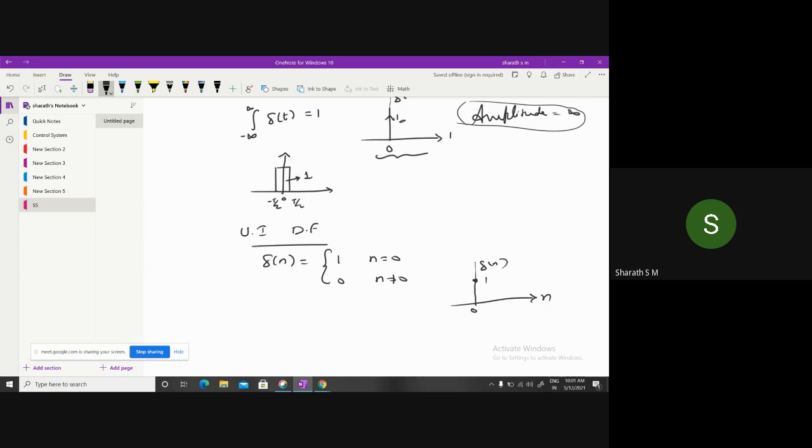So this is the signal with respect to the discrete part.